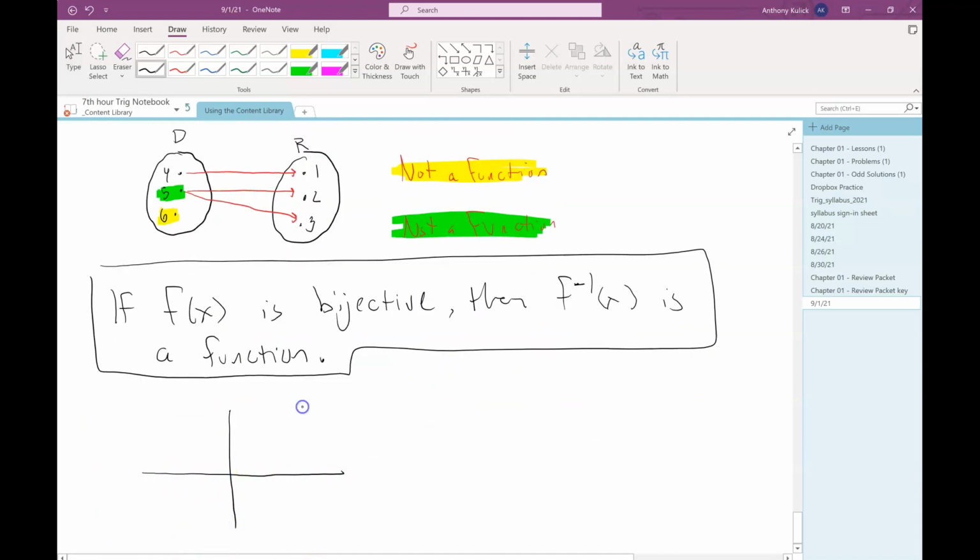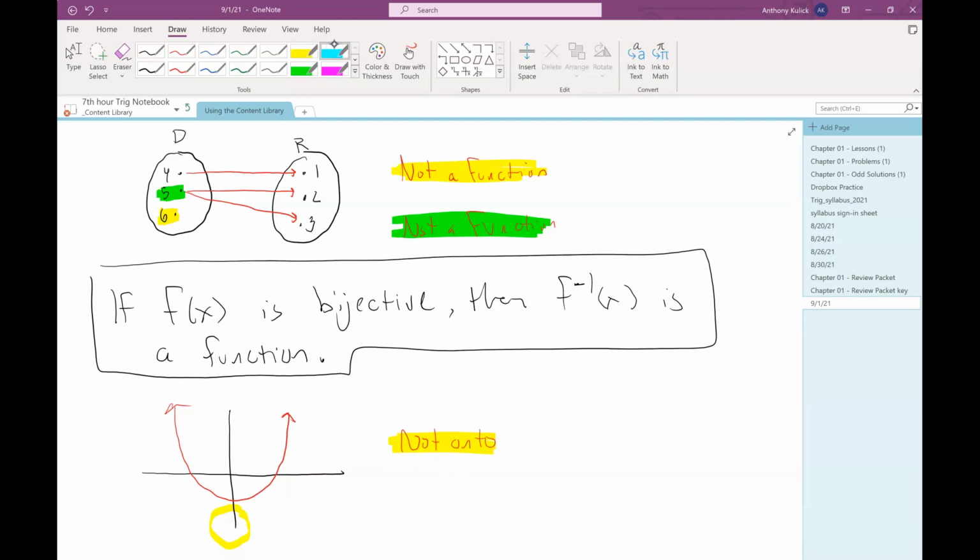But let's look at some more examples. Let's look at some graphs this time. So let's say I just have a parabola. Is this graph going to be onto? Are there y coordinates that are not used by this function? Well, sure, there's a whole bunch of y coordinates down here that don't have a point associated with that y coordinate. Does that feel okay? So this is not onto. Is this one-to-one?